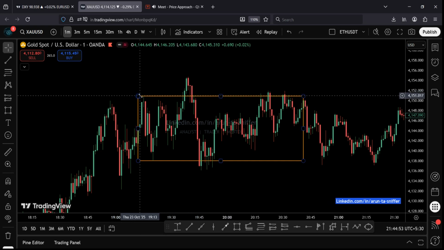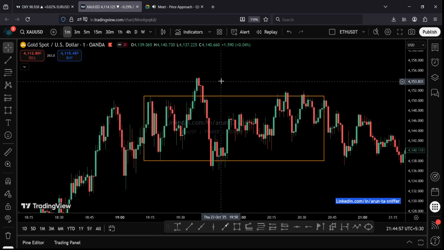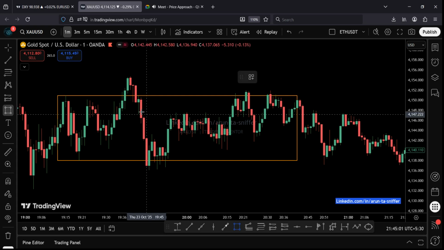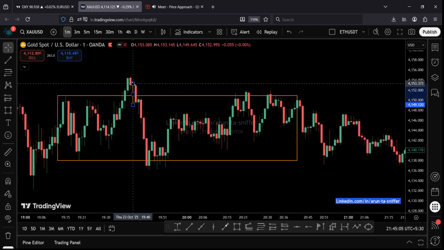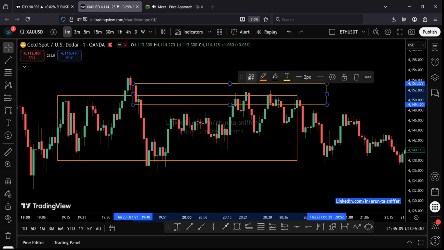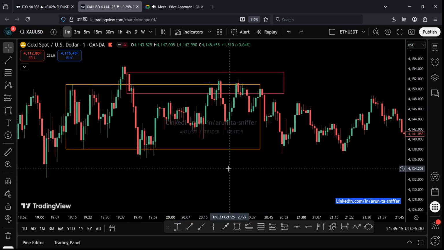So look at this upper line. Which candle crossed it from top? This one. So this will be called DP.